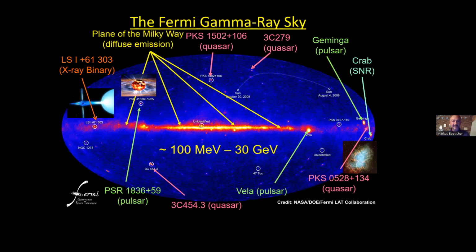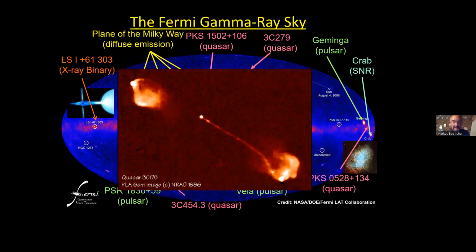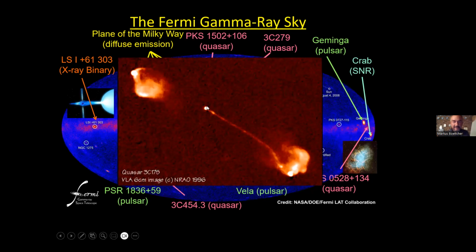Then there are things outside of our Milky Way. So these three classes I've just mentioned briefly are all within our own Milky Way. We do not see these outside of the Milky Way or the Magellanic Clouds. Outside, we see other galaxies, in particular quasars or blazar objects. These are dominated by these relativistic jets pointing close to our line of sight.